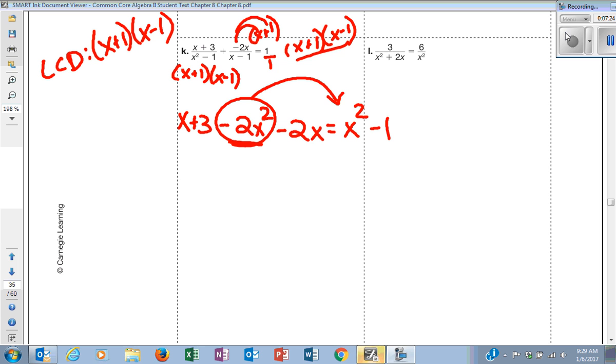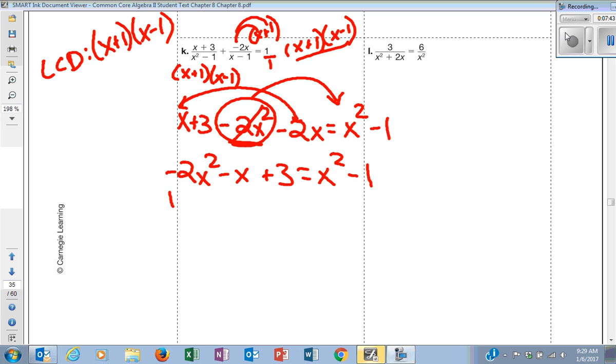And while I do that, this and this can combine like terms, so let's do that first. So it would be negative 2x squared. This and this becomes a negative x plus 3 equals x squared minus 1. So I'm going to add 2x squared. That would combine right here.